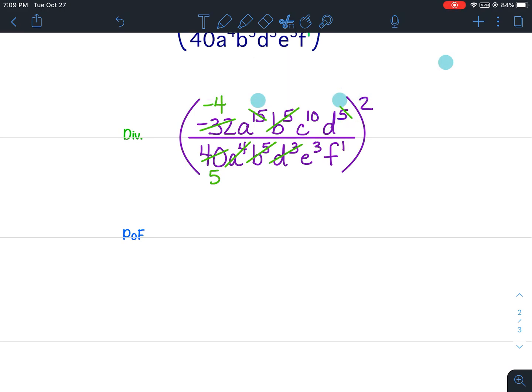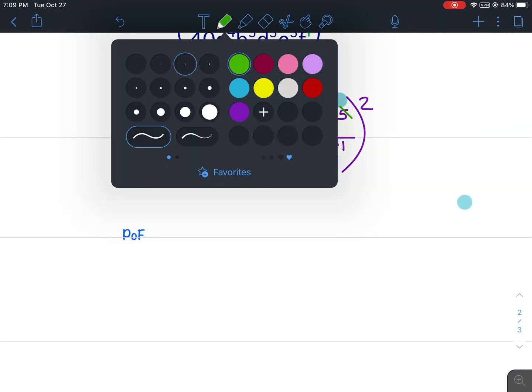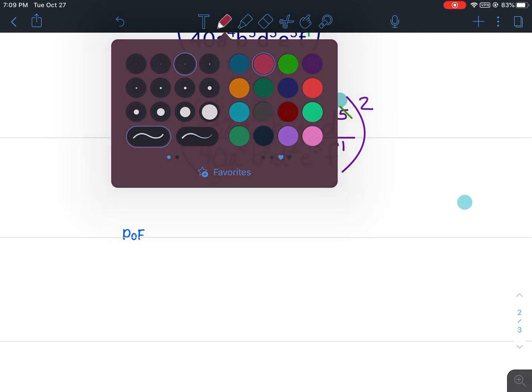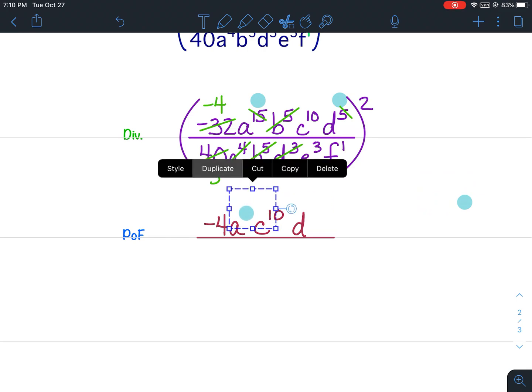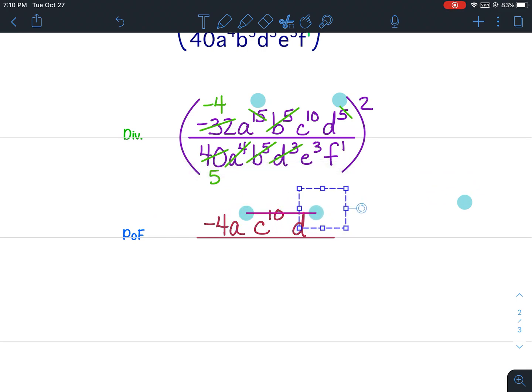After you divide, you should always rewrite it. So on top, in the numerator, I have -4, A, C to the 10th, D, and then you have to figure out what the A and the D exponents are from up above.